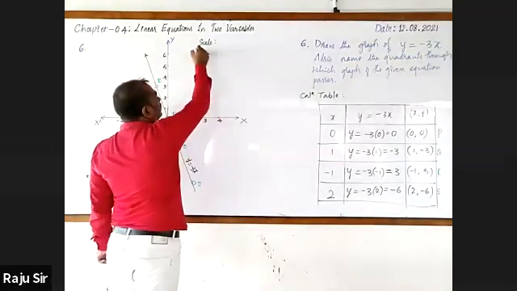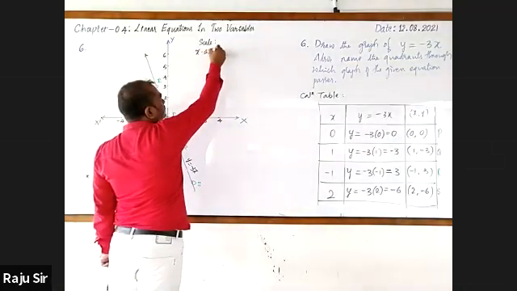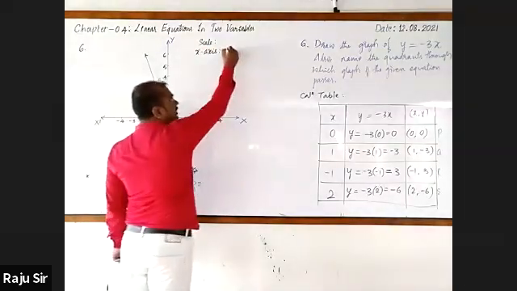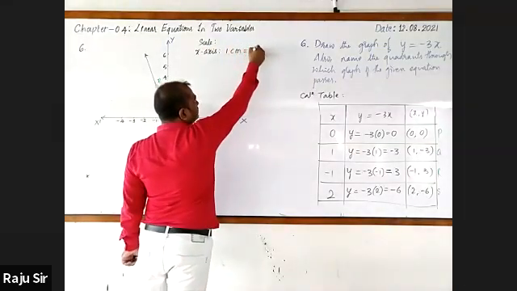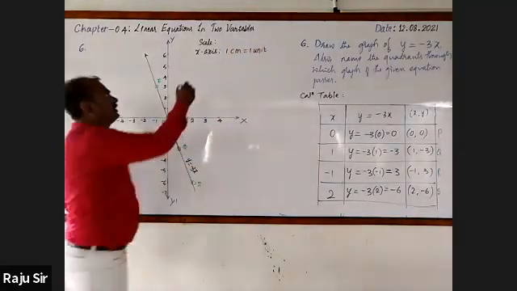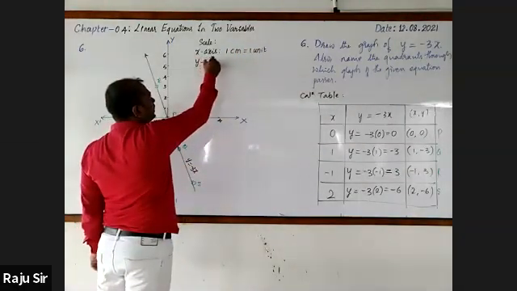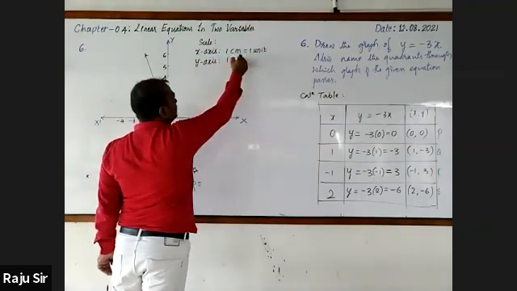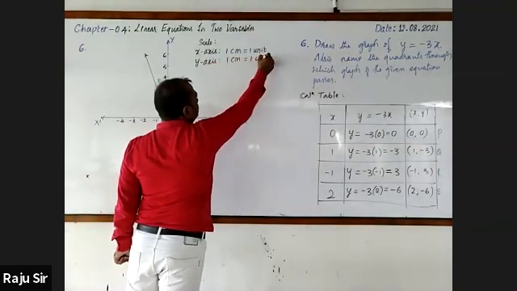In x-axis, we have taken 1 centimeter as 1 unit. Same thing is there in case of y-axis: every 1 centimeter equal to 1 unit.